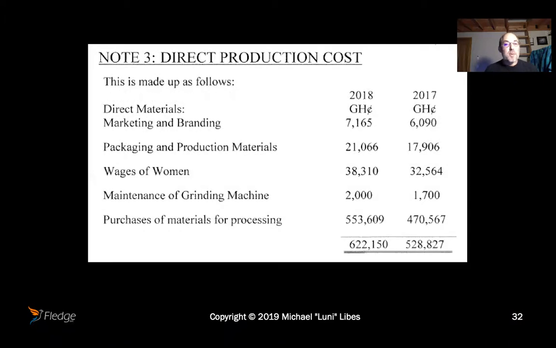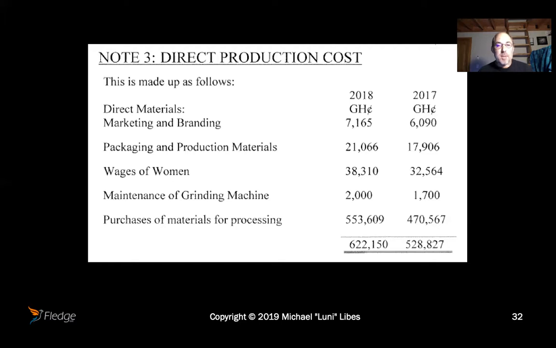Then we get to note 3. Note 3 was production cost, right? So what should be cost of goods. And here we have line 1, marketing and branding. Well, unless there's a coupon slapped on the shea butter, that's not a per item cost. So that's in the wrong spot. Packaging is in the right spot. Wages of women may be in the right spot, maybe not. I don't know what these women are doing.